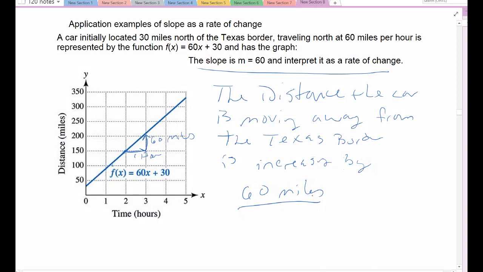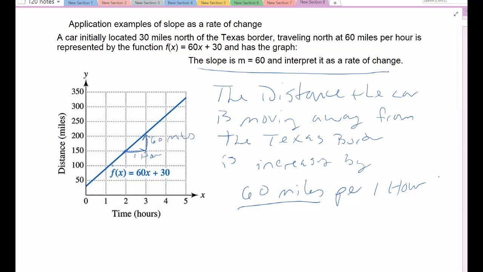It's moving 60 miles further away from the border per 1 hour. Every hour, the car gets 60 miles further away from the border.